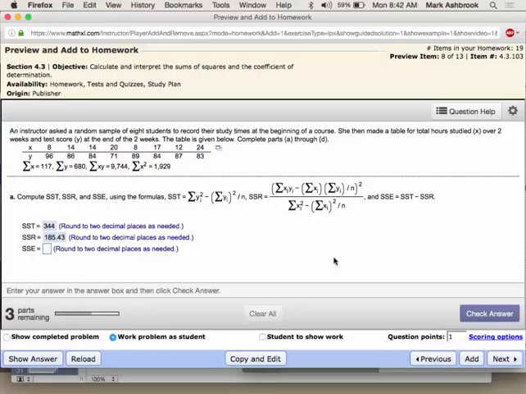Do you guys agree on the value? Yeah, 148.